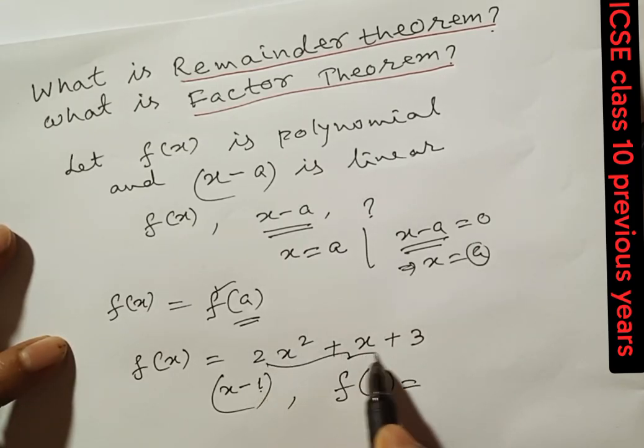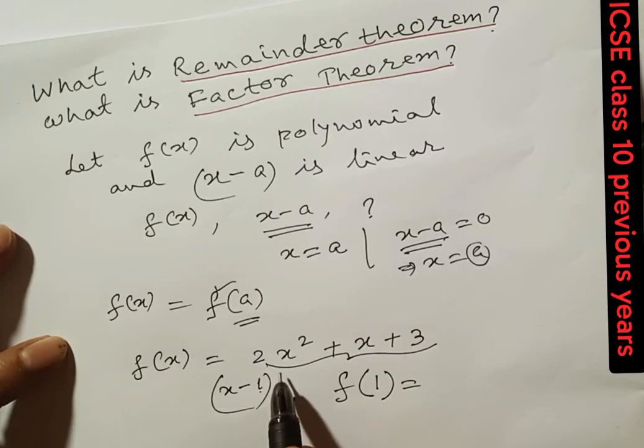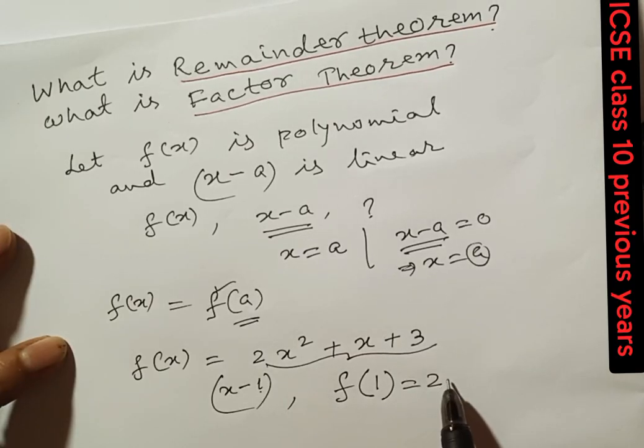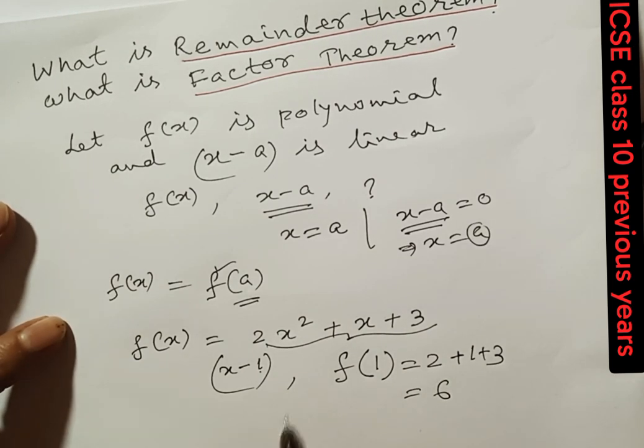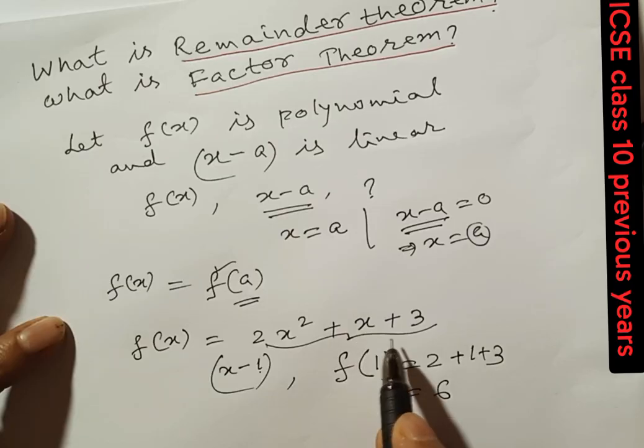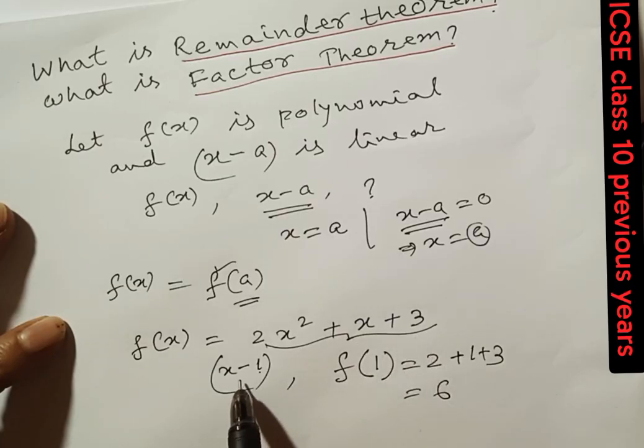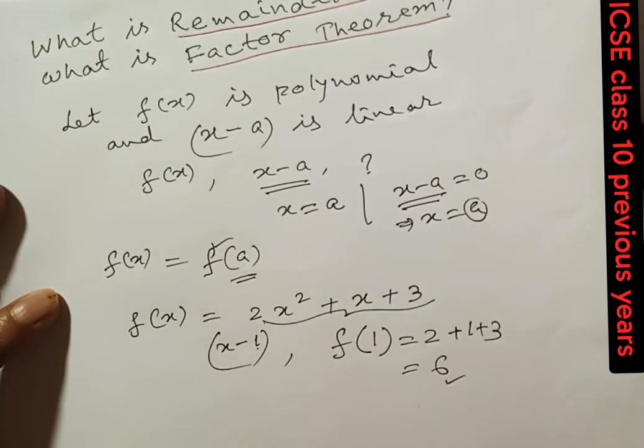We just put the value of x in this expression: f(1) is 2 plus 1 plus 3, that means 6. So when we divide 2x square plus x plus 3 by x minus 1, we get a remainder 6.